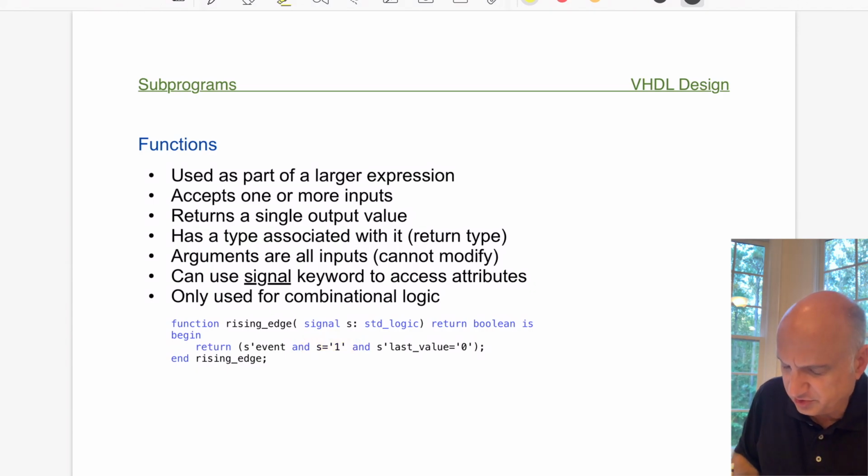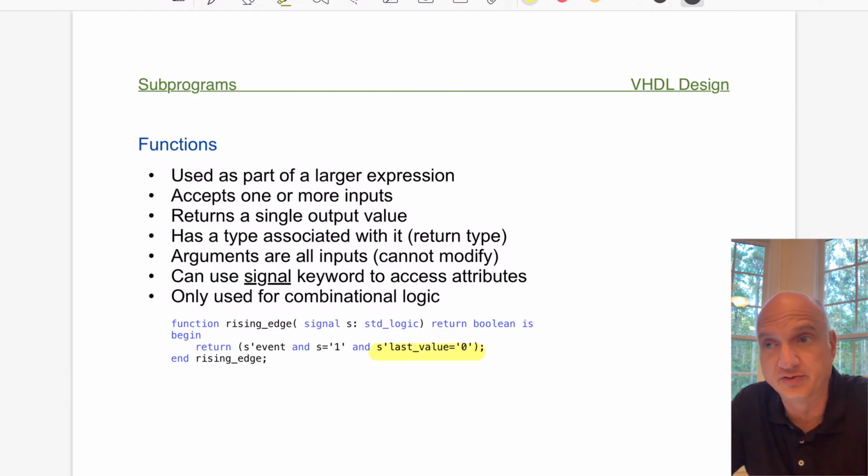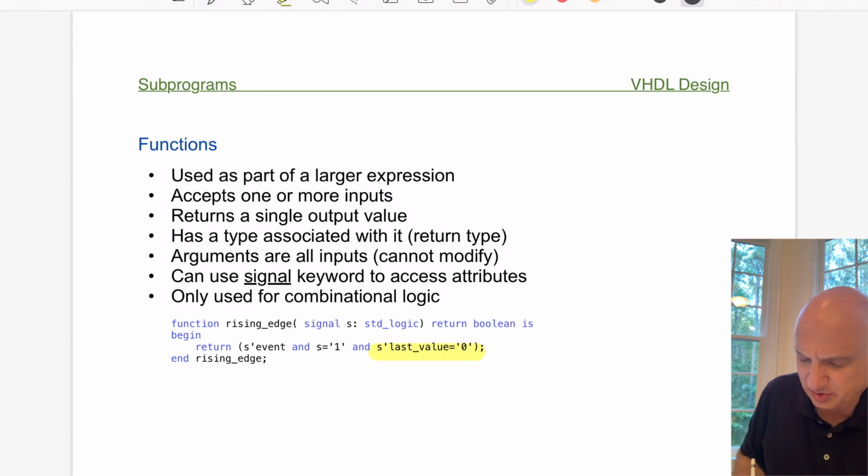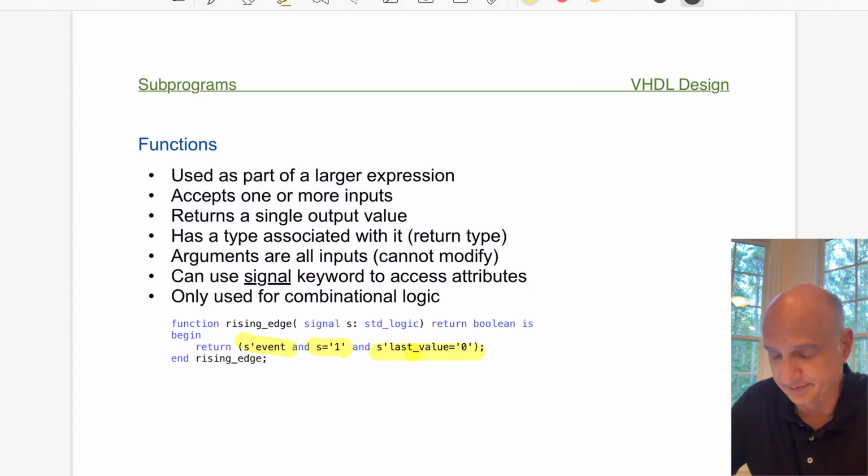And then we also check another attribute called last value to see if it was 0. So if its previous value was 0, its current value is 1, and an event, and it represents an event change, then this is a rising edge. And so we can return a true for that. So if this is true, and that's true, and that's true based on Boolean logic, the whole expression is true, so it will return a value of true.